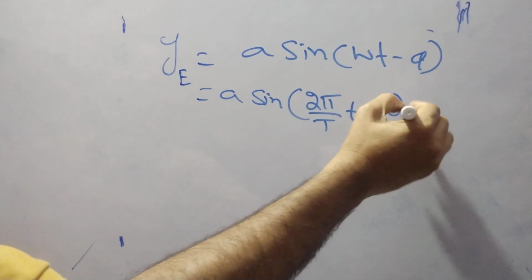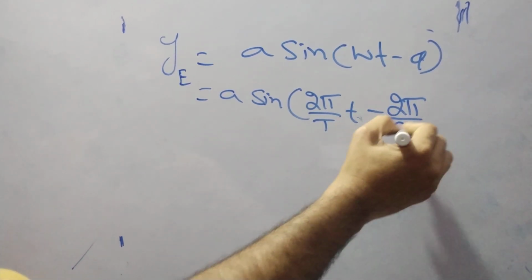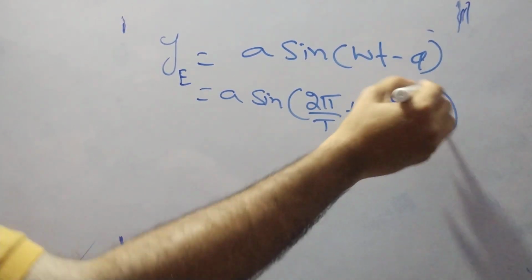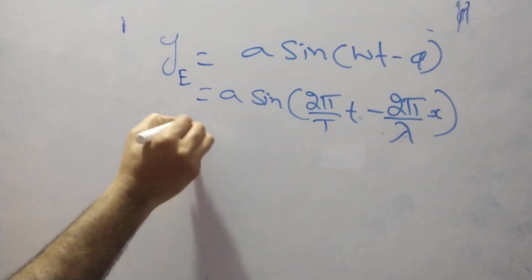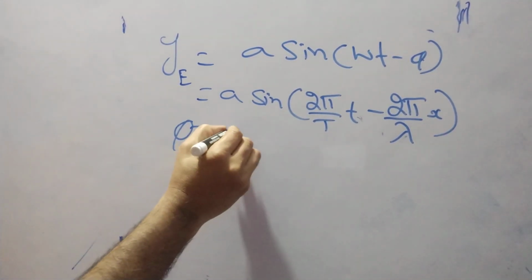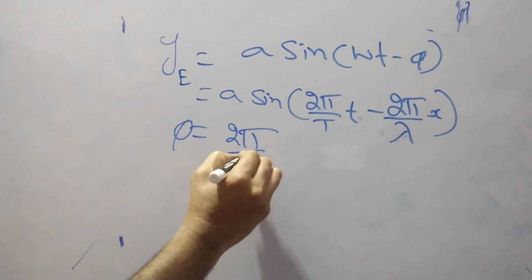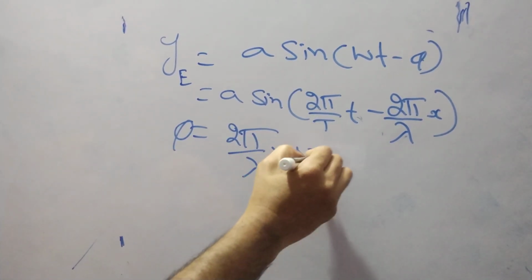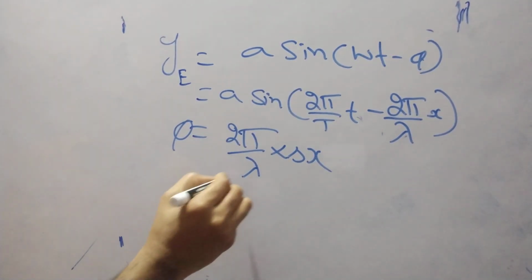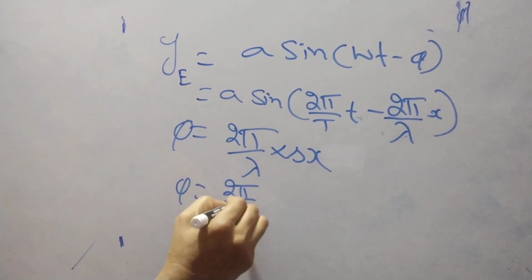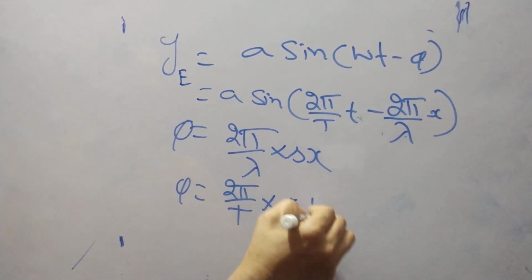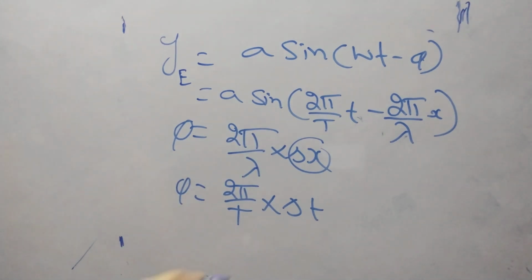This phi is 2 pi by lambda into x. This is again phase, which one phase difference, having two formulas. We have 2 pi by lambda into delta x, this one formula. Other formula is 2 pi by T into delta t. So this is the path difference, this is a time difference.